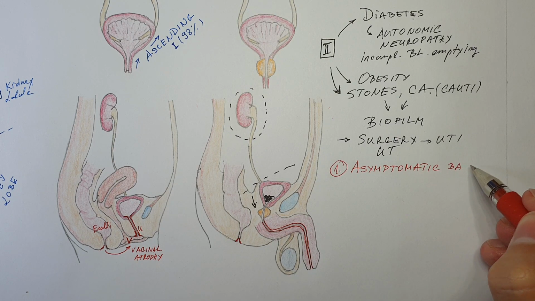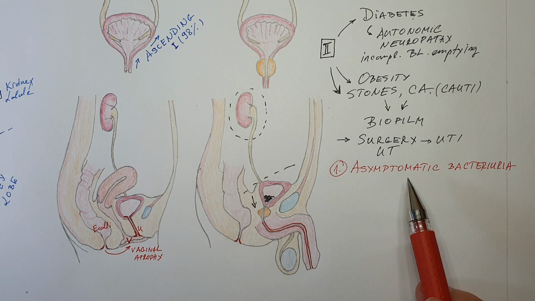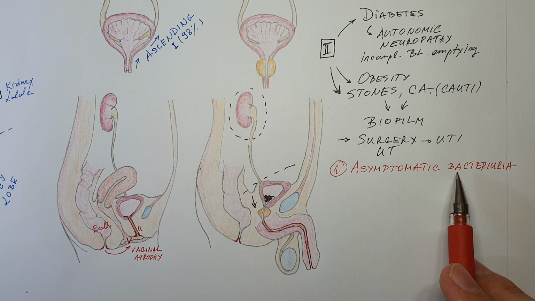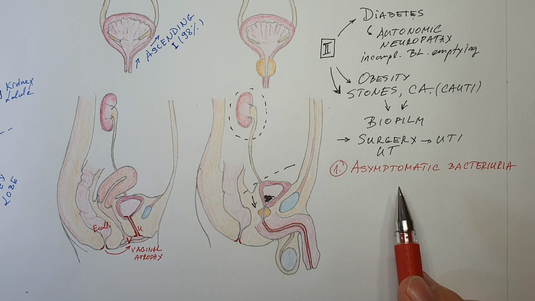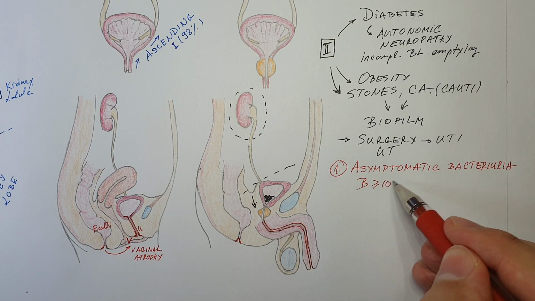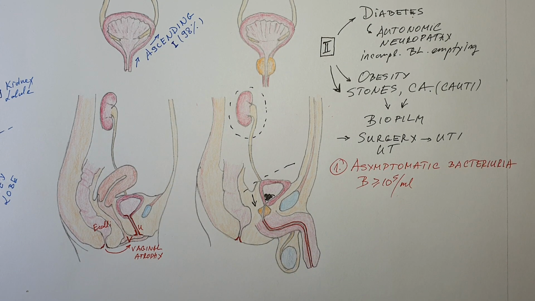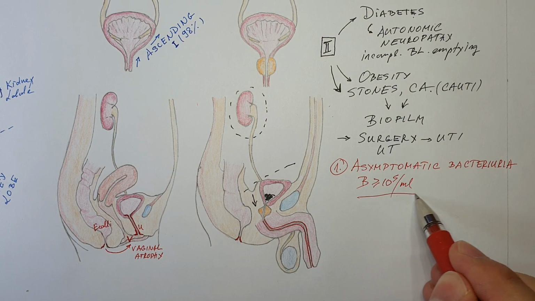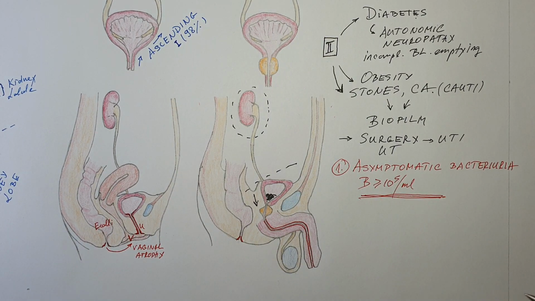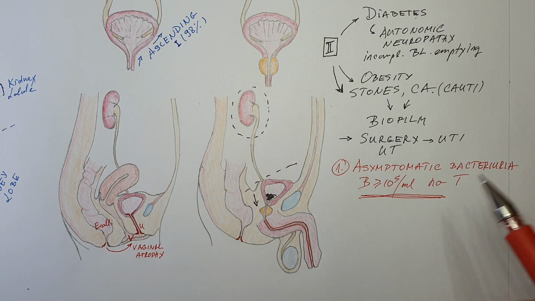Asymptomatic bacteriuria basically means a patient has undergone a routine checkup, and we have seen that he has bacteria in the urine, for example, 10 to the 5th bacteria per milliliter of urine. But the patient has no symptoms. The patient is not in a risk group. This is left untreated, and it is only being checked. So no treatment for this patient.